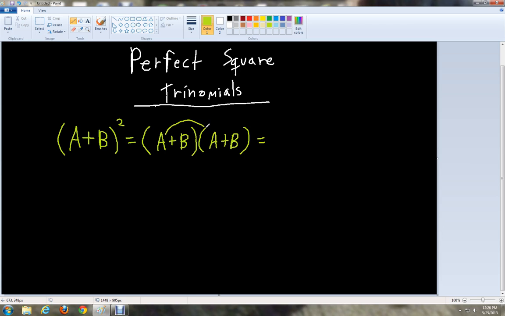So we have a times a is a squared, plus a times b is ab, plus b times a, that's ba, or just ab again, plus b times b is b squared.